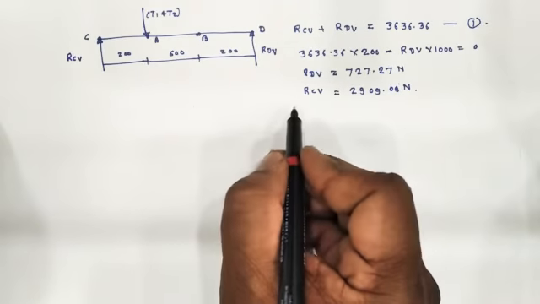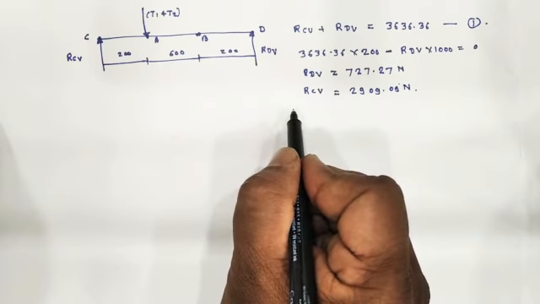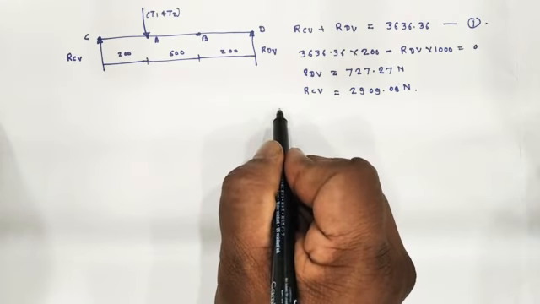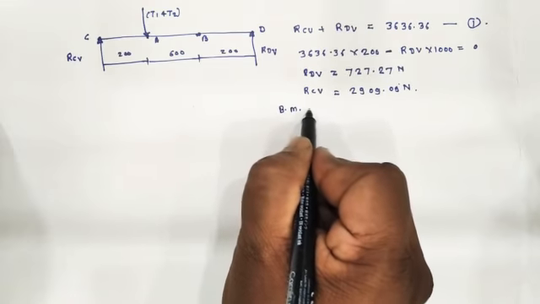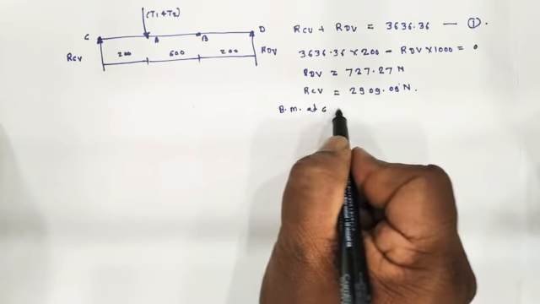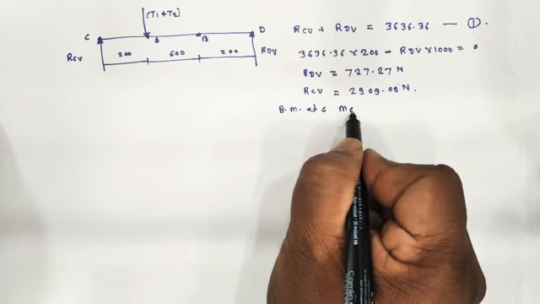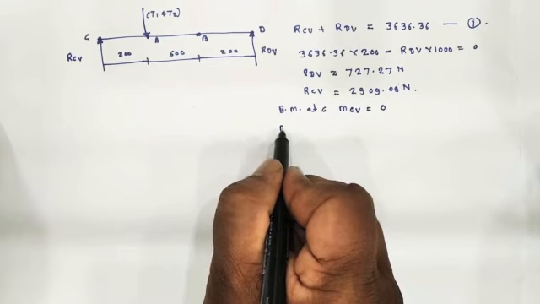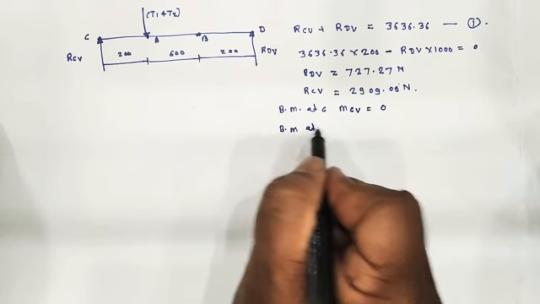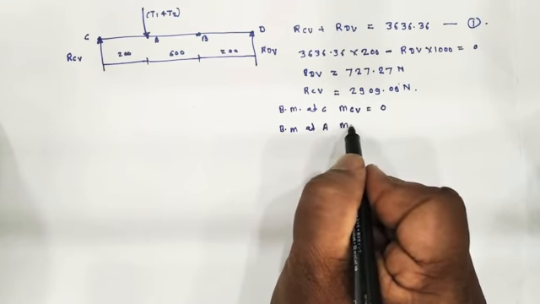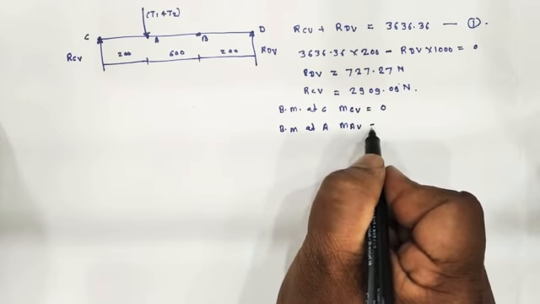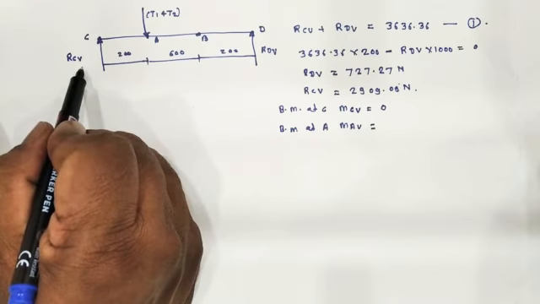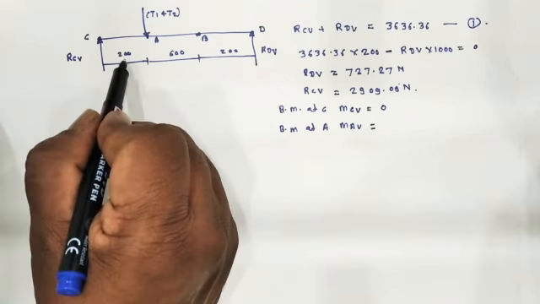Again, we repeat the same procedure to calculate the bending moment at different locations. So here again we write bending moment at C is denoted by MCV. Again it is 0. Next, bending moment at A, MAV, is equal to RCV, that means 2909.09 into 200.